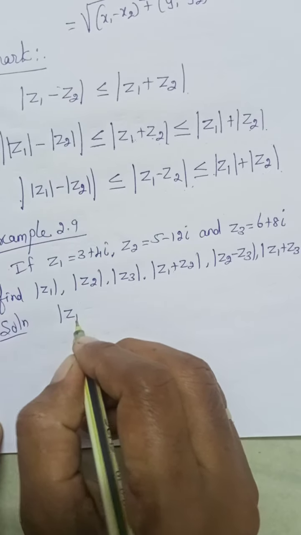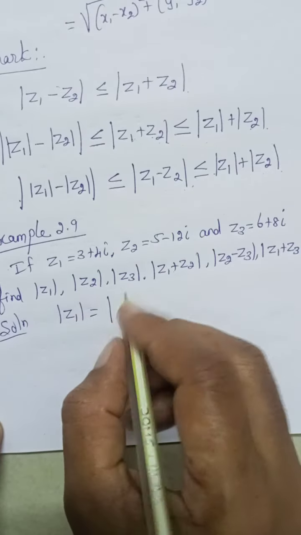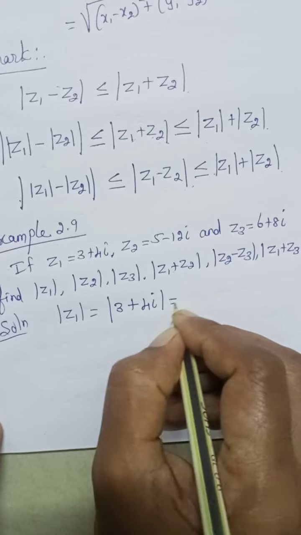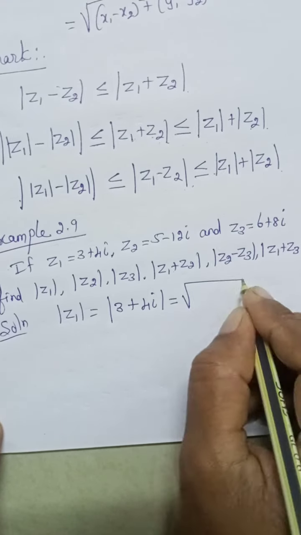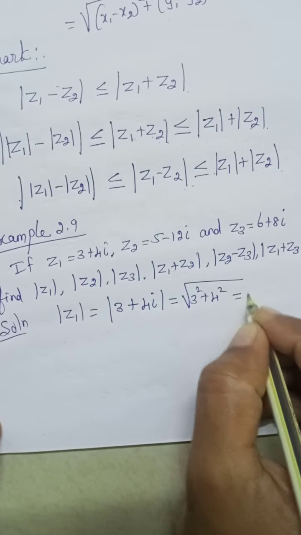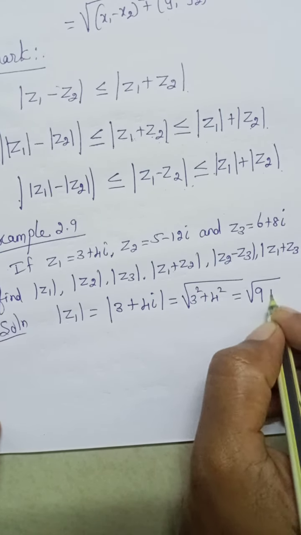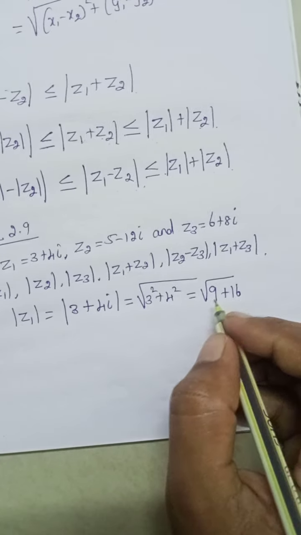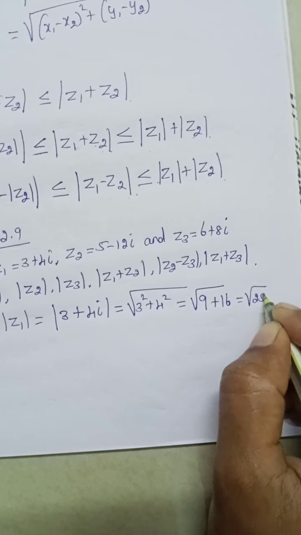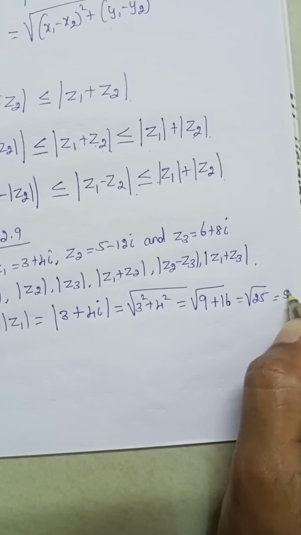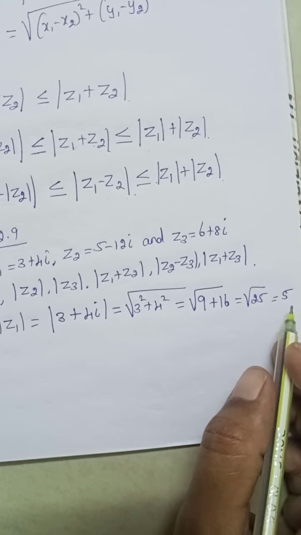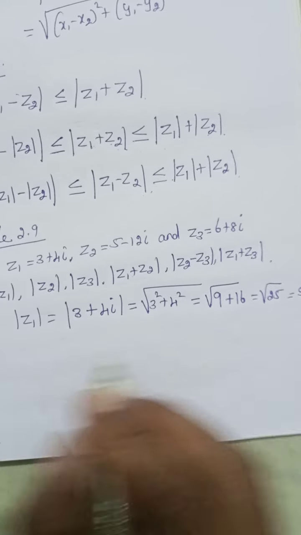Simple one. Modulus z1, that is modulus of 3 plus 4i, is root of 3 square plus 4 square. 3 square is 9 plus 4 square is 16, so we get root 25, and root 25 we know is 5. If you are unable to take it out of the root, we can keep it as it is.